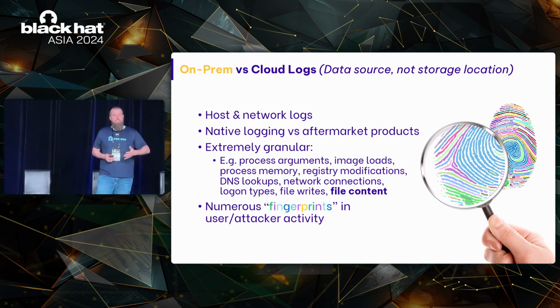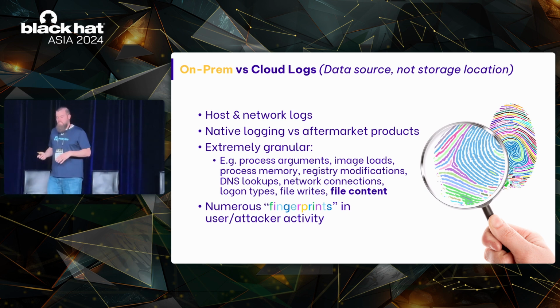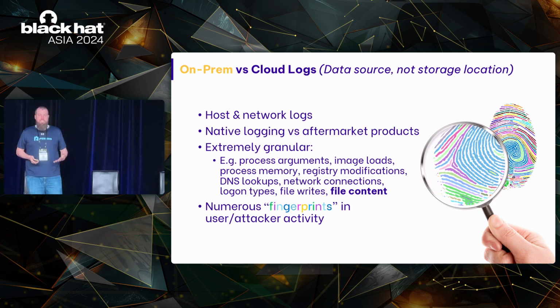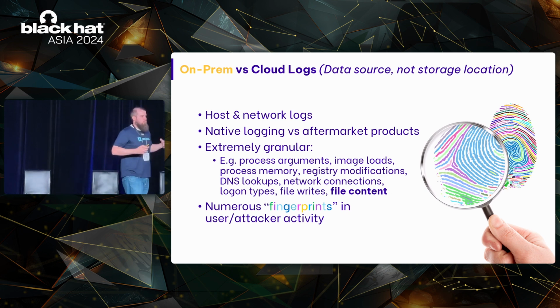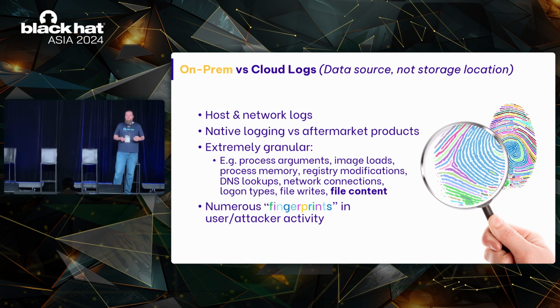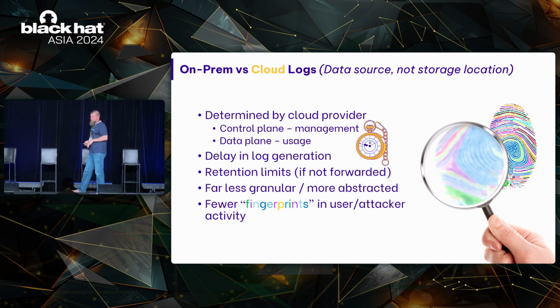Think of how much information you can get from something like Sysmon. You can get process information, image loads, network connections, even the contents of files that attackers might be using for binaries or scripts. So there are a lot of opportunities for fingerprints to be left unknowingly by an attacker. And in the world of incident response and forensics, it's just a beautiful thing to find all these secondary effects that come from an initial action from an attacker.